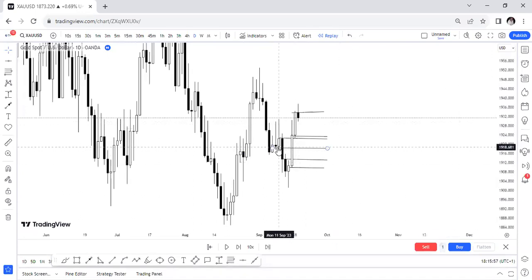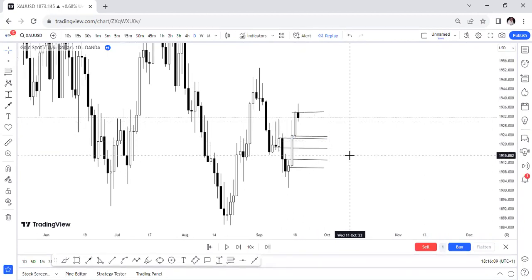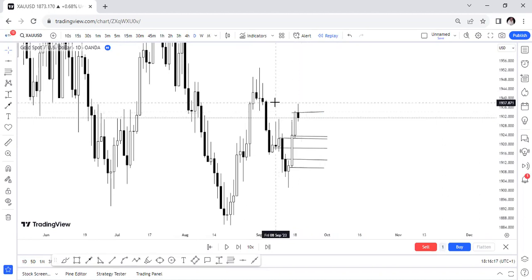So once you map them out like this, you know that at each level of this place, you are going to see a reaction. So you know how to time your trade. The setup now is that the price is going to tap into this place for you to come down to sell, because this place has given us a reaction in the past.